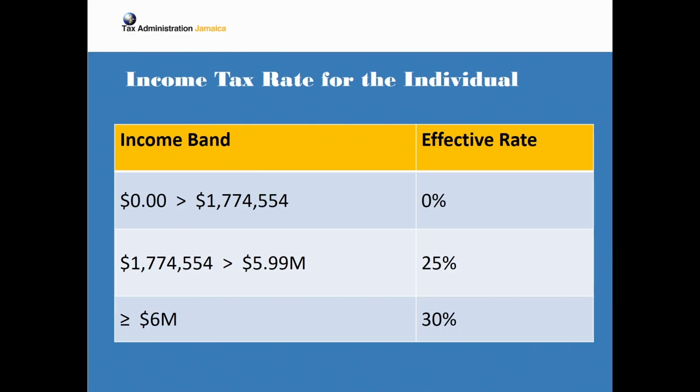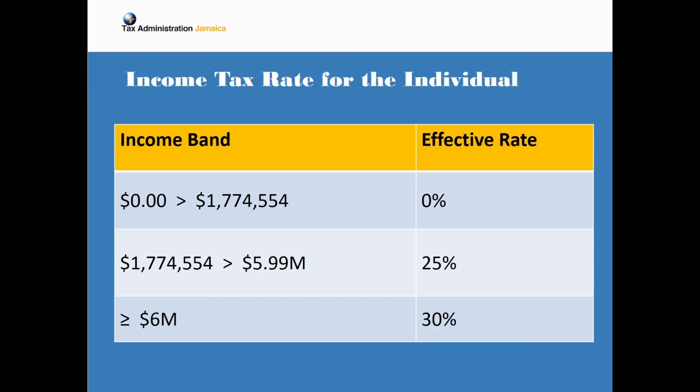We also have a rate of 25%. And then we have another rate of 30%. And in summary, if you earn between $0 and $1,774,554, you pay 0% for income tax.